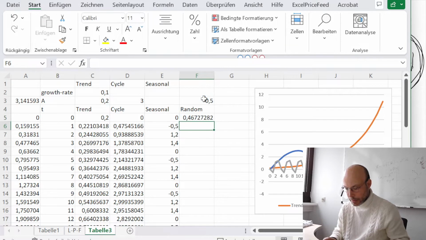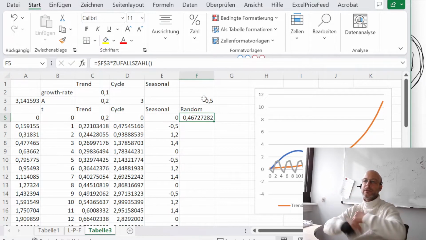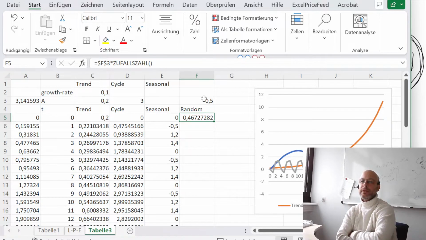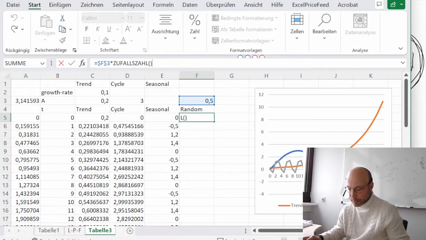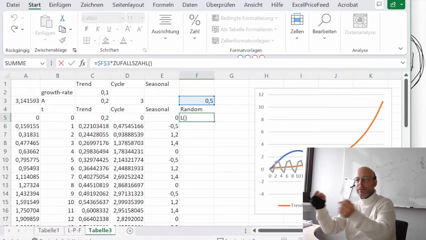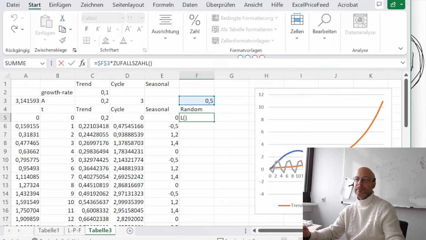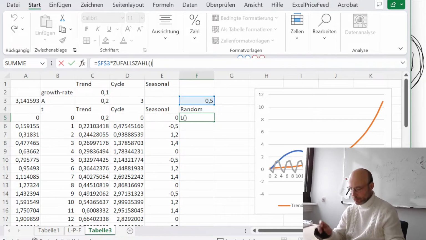Maybe you also want this random component to fluctuate above and below 0. For this, we can add another function: if this random number is smaller than 0.5, it should be negative, and if it is higher than 0.5, it should be positive.